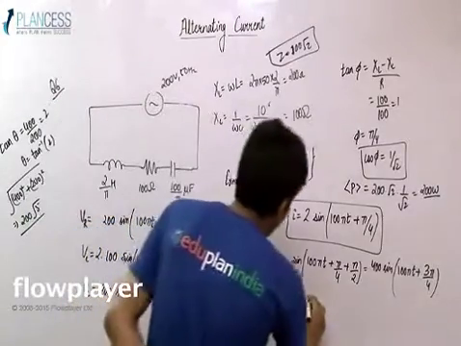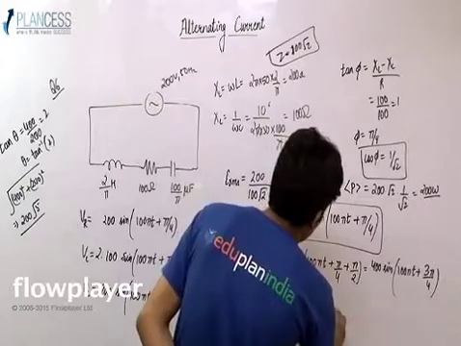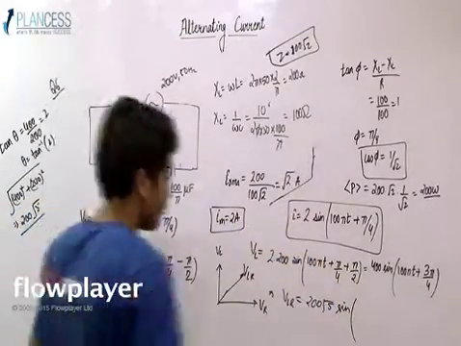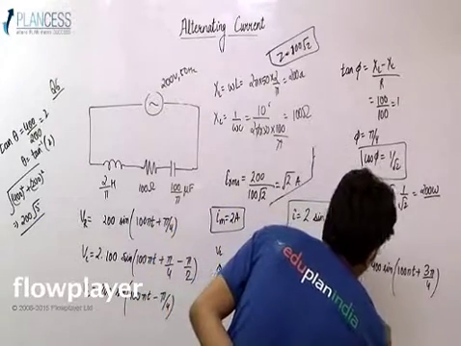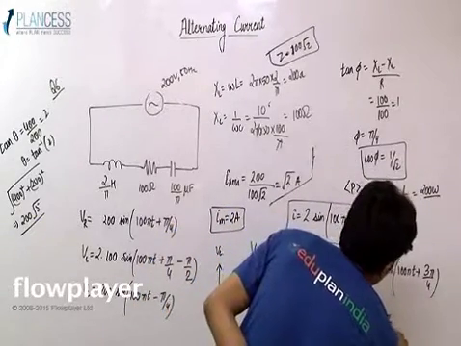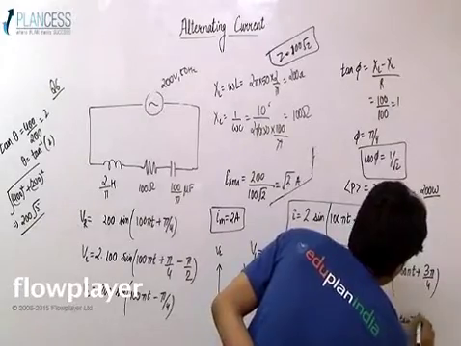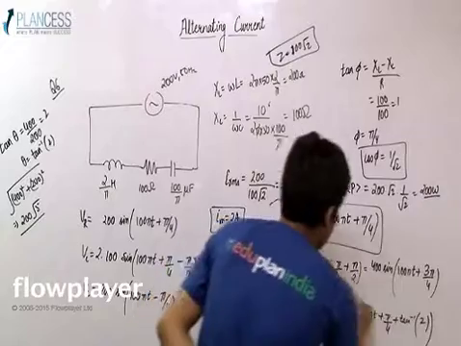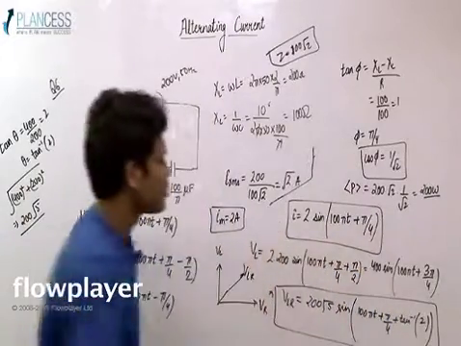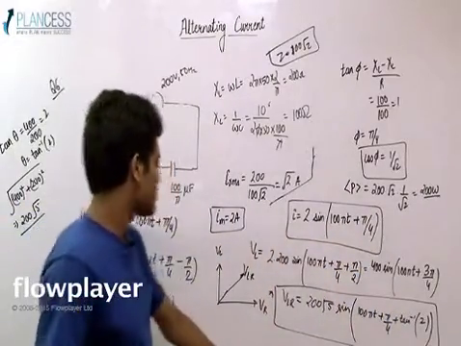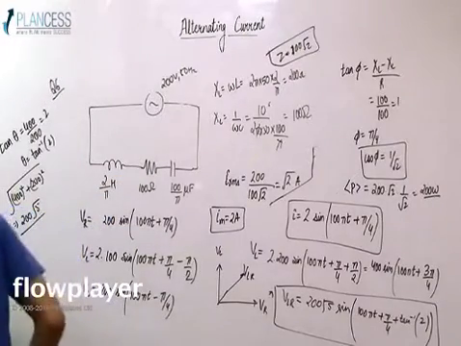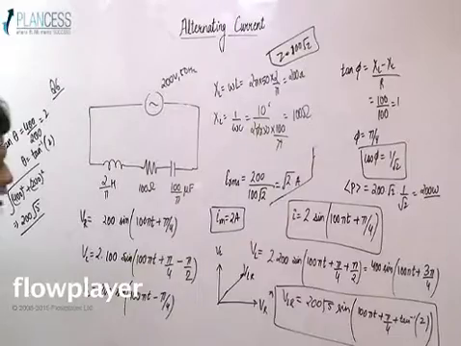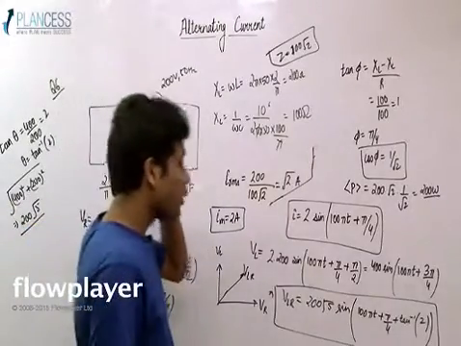So VLR can be written as 200 root 5 sin(100πt + π/4 + tan inverse of 2), with VR's phase π/4 as the reference. So this would be the value of the instantaneous potential difference across the LR component.